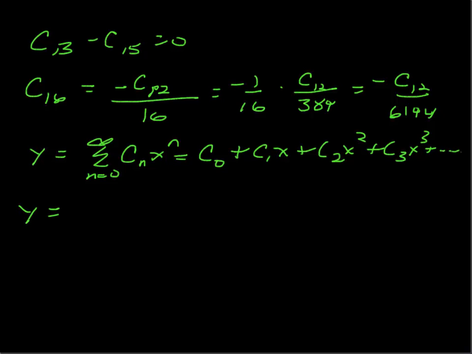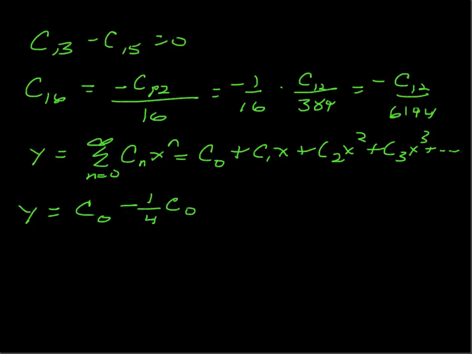So in this problem, y equals, we don't know c0, that's our constant, so we put that in, plus, actually I think it's going to be minus, because c1 is 0, c2 is 0, c3 is 0, but c4 is minus, I do believe that was 1/12. No, it was 1/4.